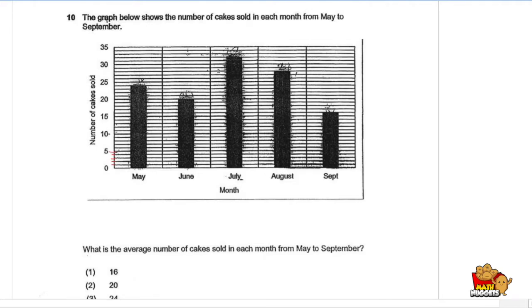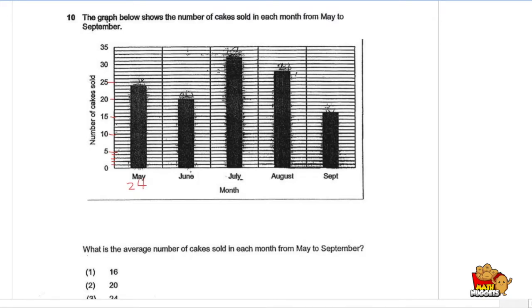So this is 5, this is 10, 15, 20, 25. Okay, so for May, the reading will be 24.